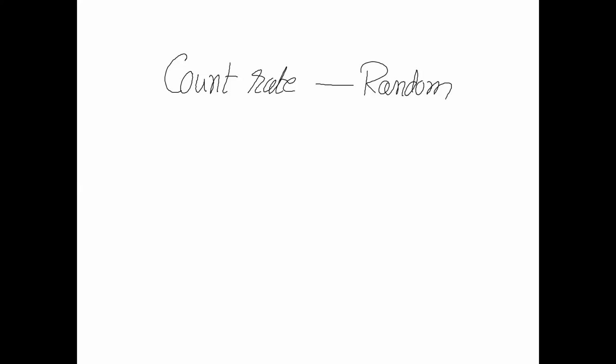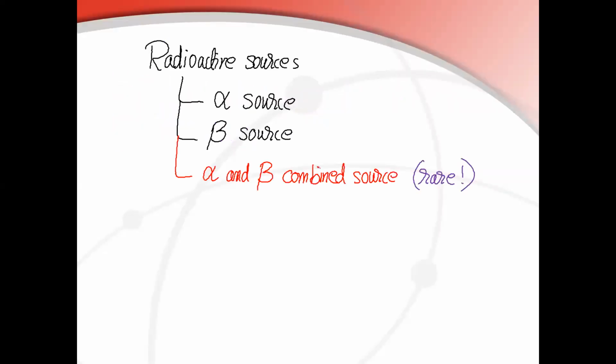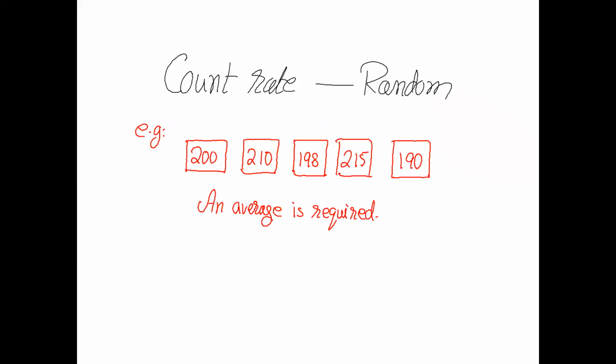So it is random in nature. Random means fluctuating. Look at this screen. For example, it becomes 200.